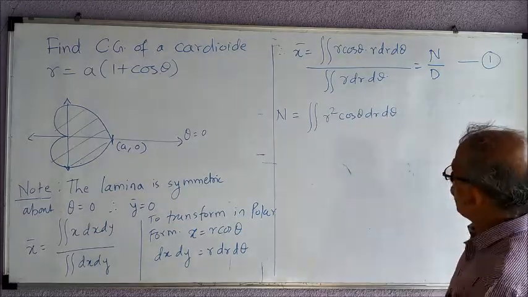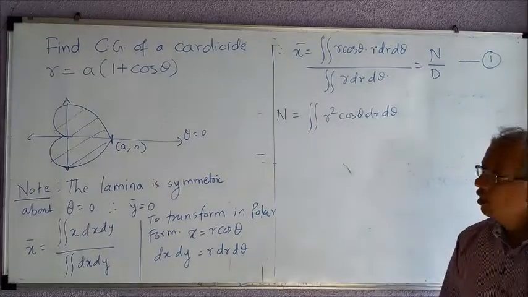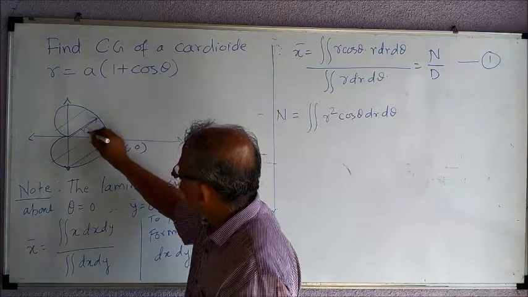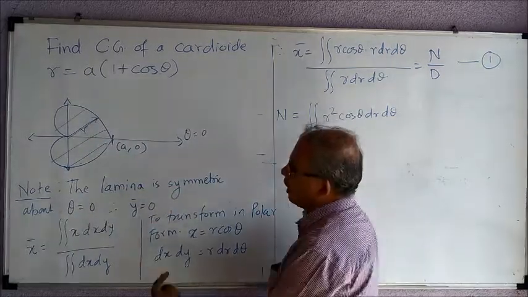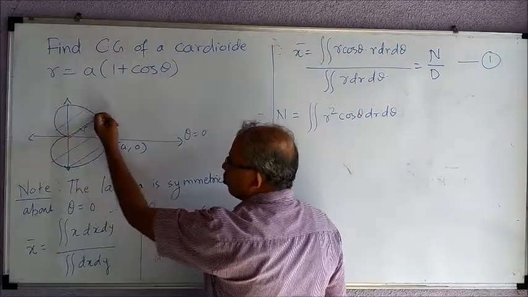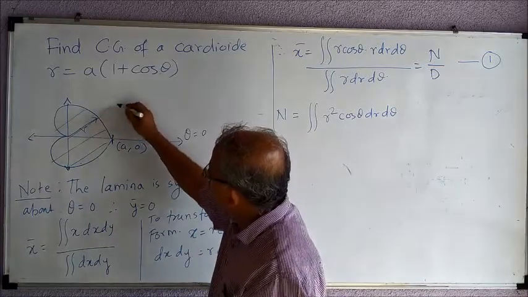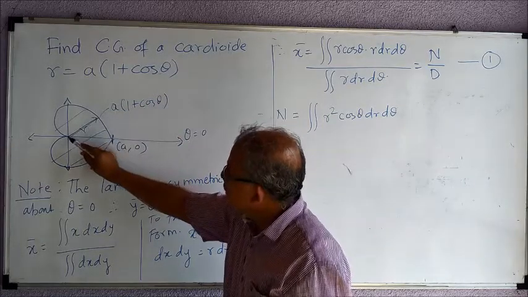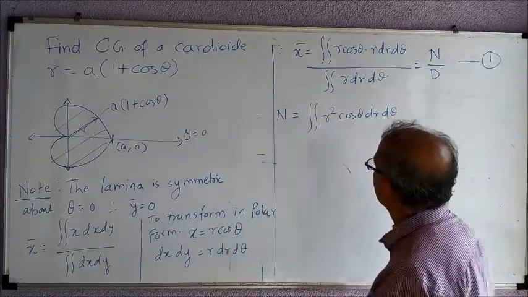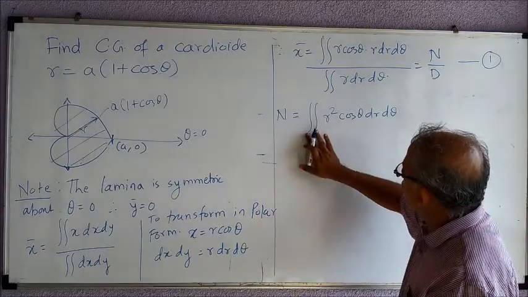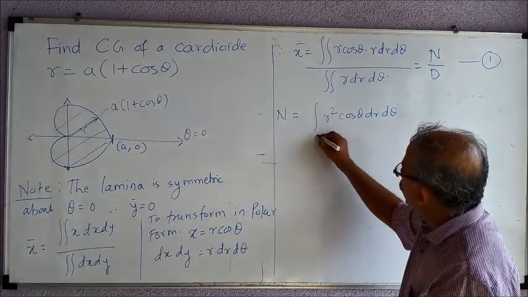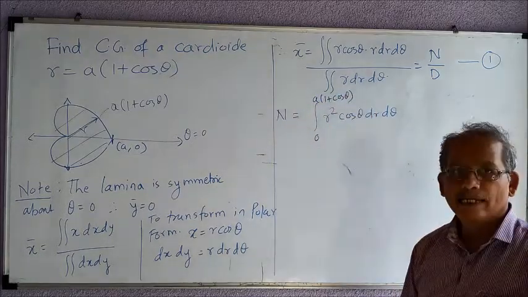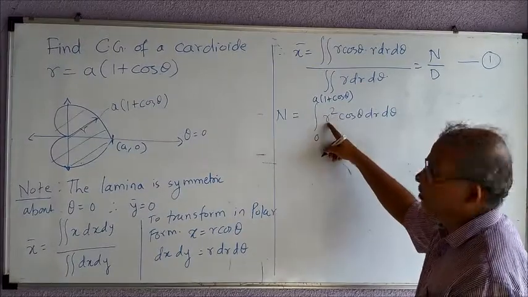Now to find the limits of this integration: if I take this as a radius vector r, then r varies from 0 to a into 1 plus cos theta, which is the equation of the curve. So the inner limits will be 0 to a into 1 plus cos theta, with respect to r.